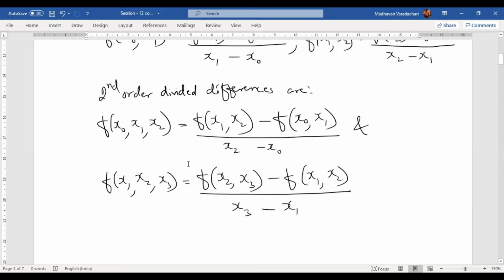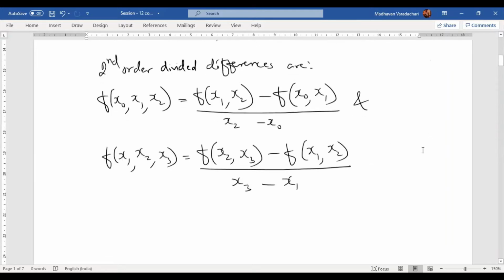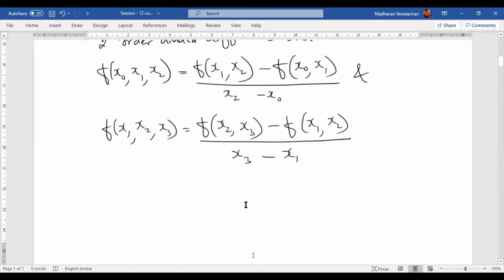Likewise, we can do. So this first order divided difference and second order divided difference can be easily understood by using difference tables. So for that, we will use one example to understand this much better.